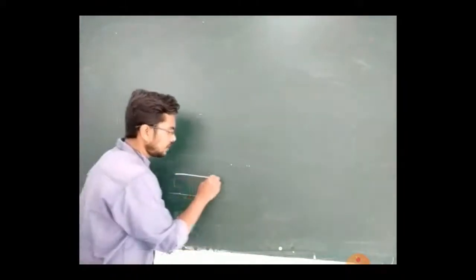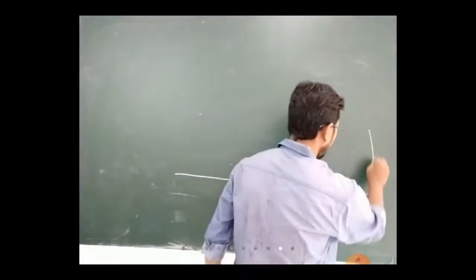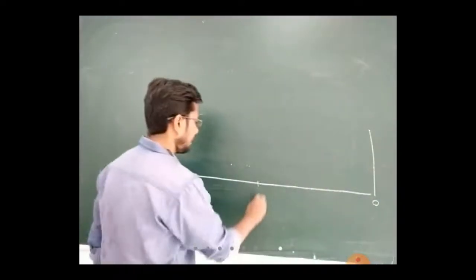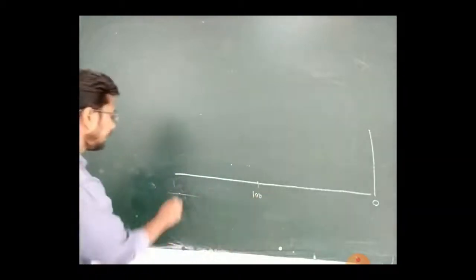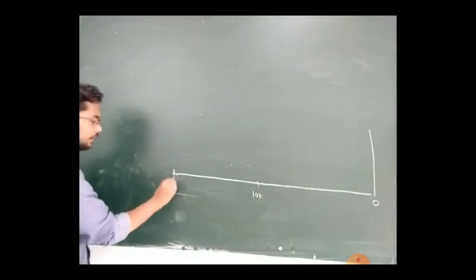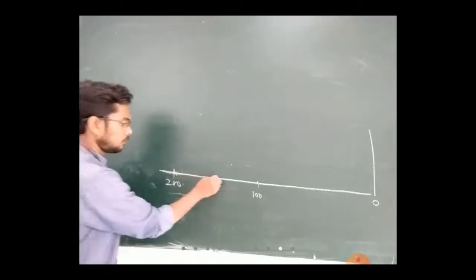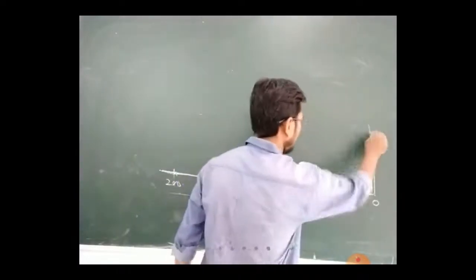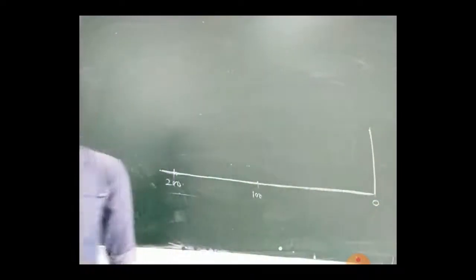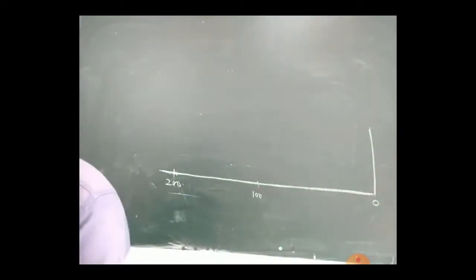Now let's see how to interpret the carbon 13 spectrum. If I draw the spectrum again, with 0 here, 100 here and 200 here, we can divide this whole spectrum into 4 quarters.